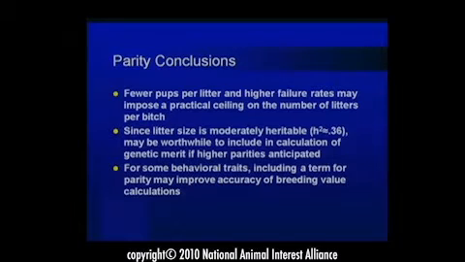Again, in terms of heritability, at least in our population, litter size has a heritability of about 0.36, which is pretty respectable in terms of being a trait that you can change through selection. And so it may be that when you're calculating a breeding value in an animal, looking at litter size as one of those traits might be worthwhile, so that we don't see that fall off in higher parities.